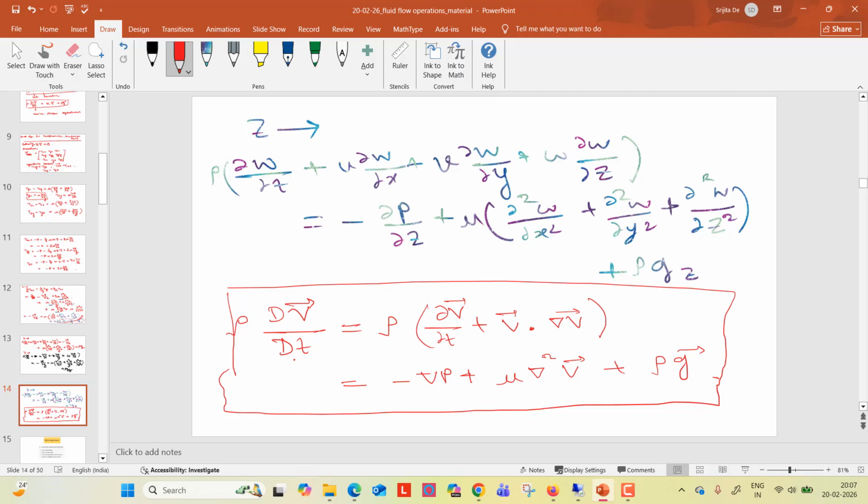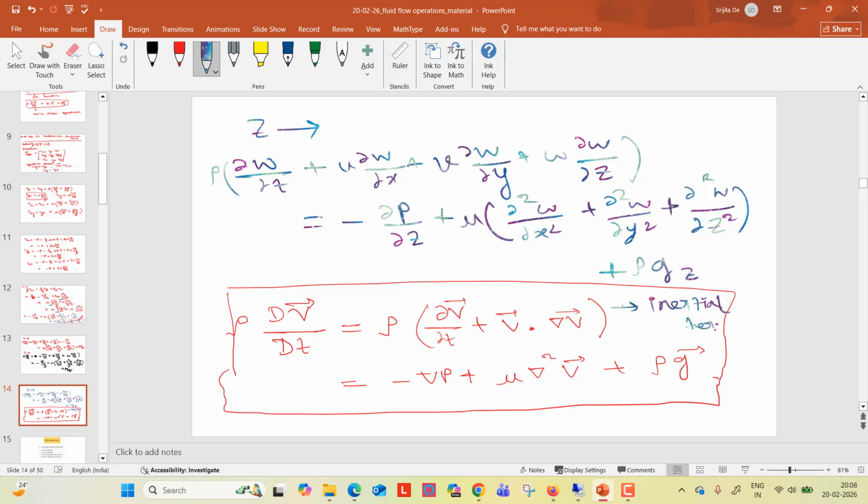The left hand side talks about the local acceleration plus convective acceleration, times density. So it talks about the inertial term of a phenomenon.